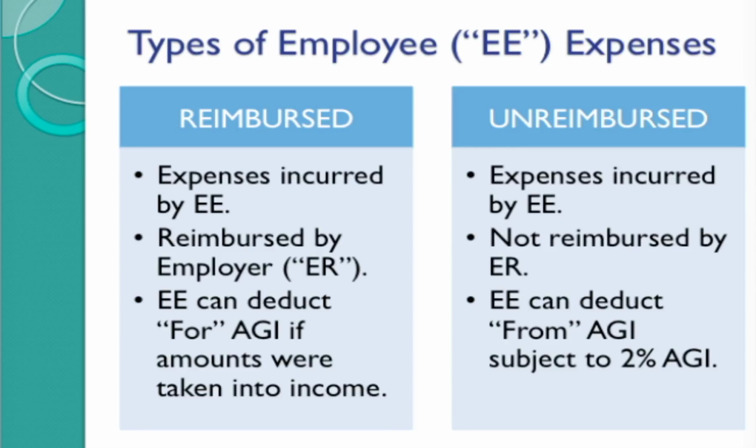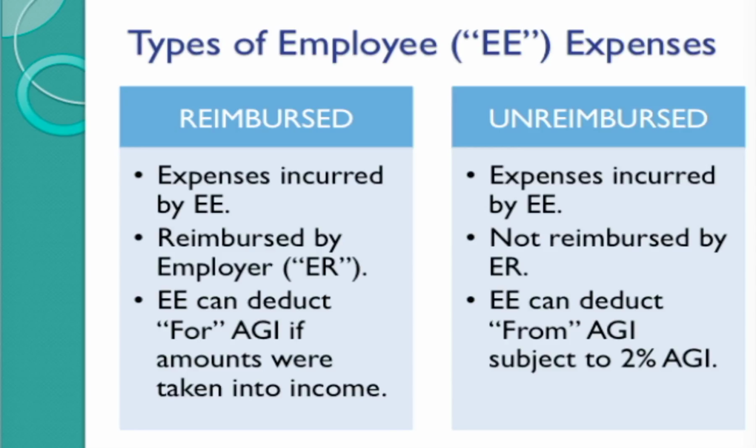So basically, reimbursed would mean you have an employee expense related to your trade or business as an employee working for someone else. This expense is then reimbursed by the employer.